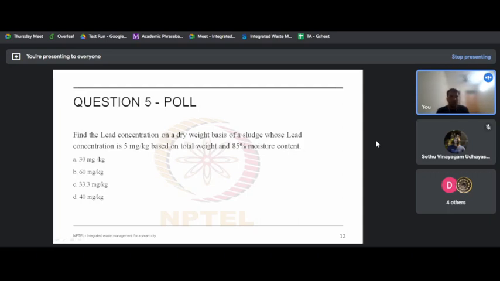In case you have any doubts also, you can type it in the chat. You can take that now.